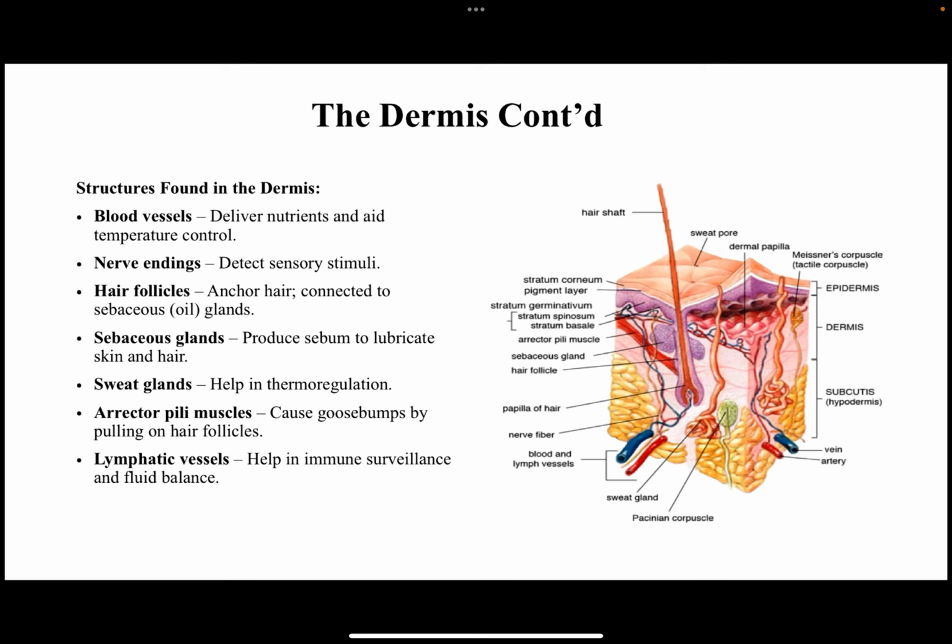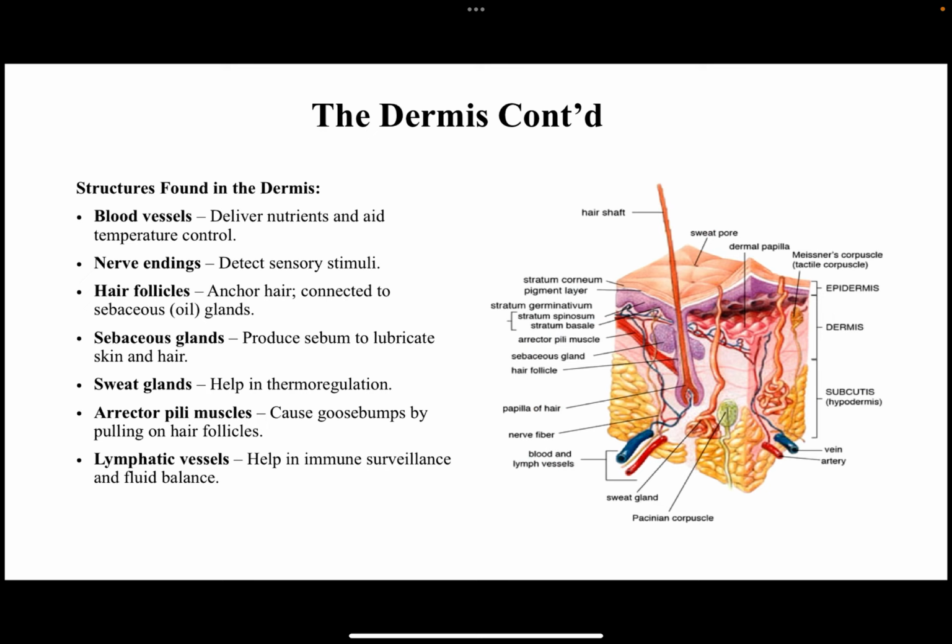So anytime the body temperature is very cold or suddenly becomes cold, or anytime you are suddenly sensitized, do you get it? This erector pili muscle, because it's located at the base of the hair follicle, the root of the hair follicle, will contract.